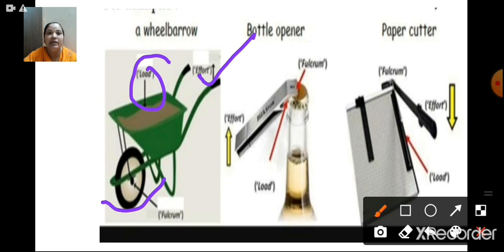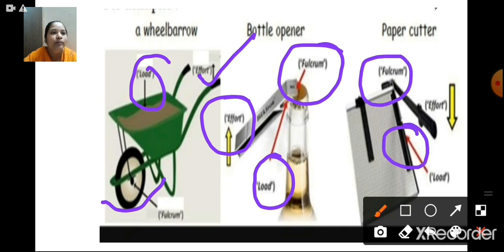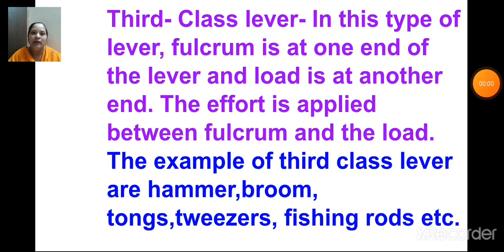The examples are wheelbarrow, bottle opener, paper cutters, etc. See here, this is load, here fulcrum, and this is effort. Again, this is fulcrum, this one is load, and here is effort. So the load comes between fulcrum and effort.